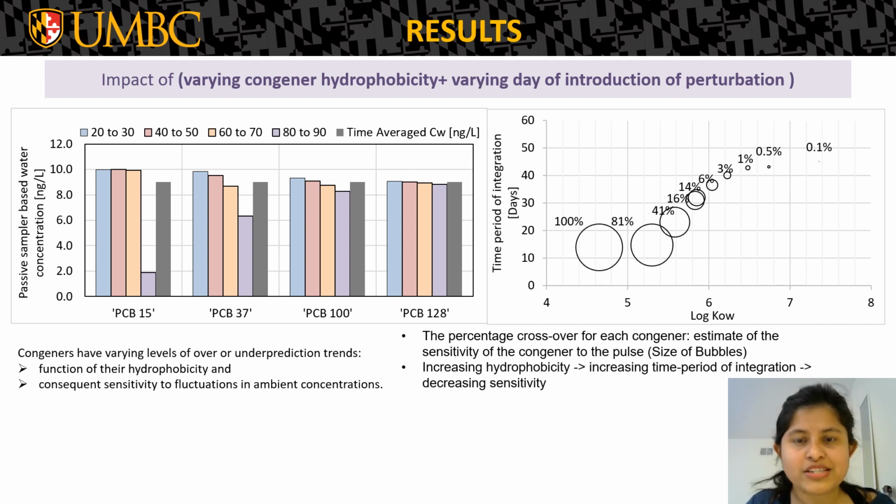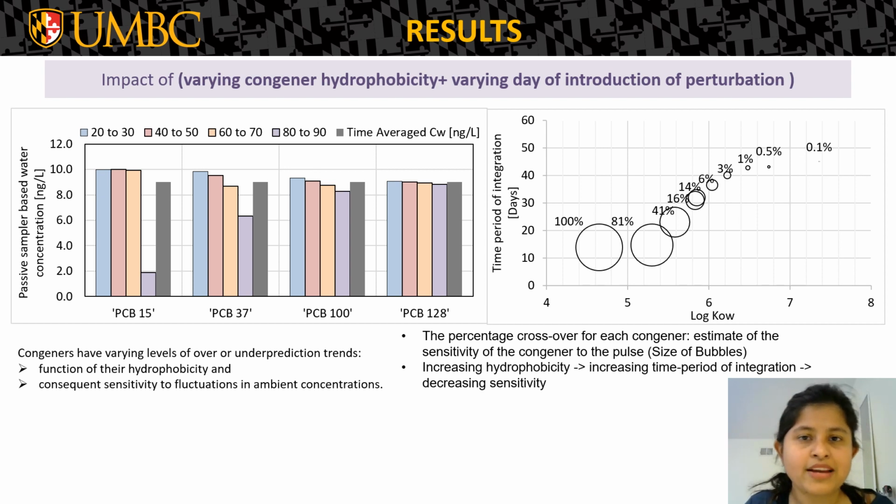We wanted to quantify the sensitivity of the congeners to perturbation and look at all this information in one diagram. So we correlated the time period of integration with congener hydrophobicity, which is the log KOW, and represented the degree of sensitivity of the congener with the radius of the bubbles.